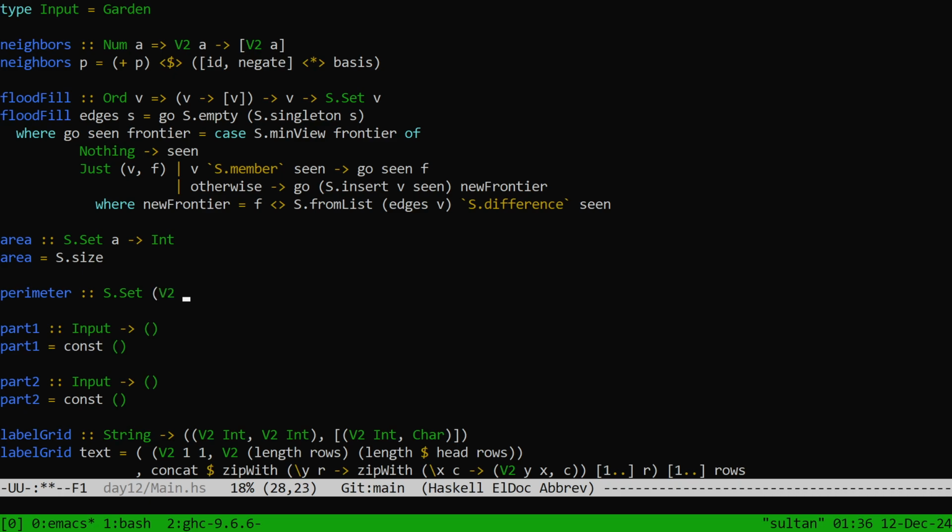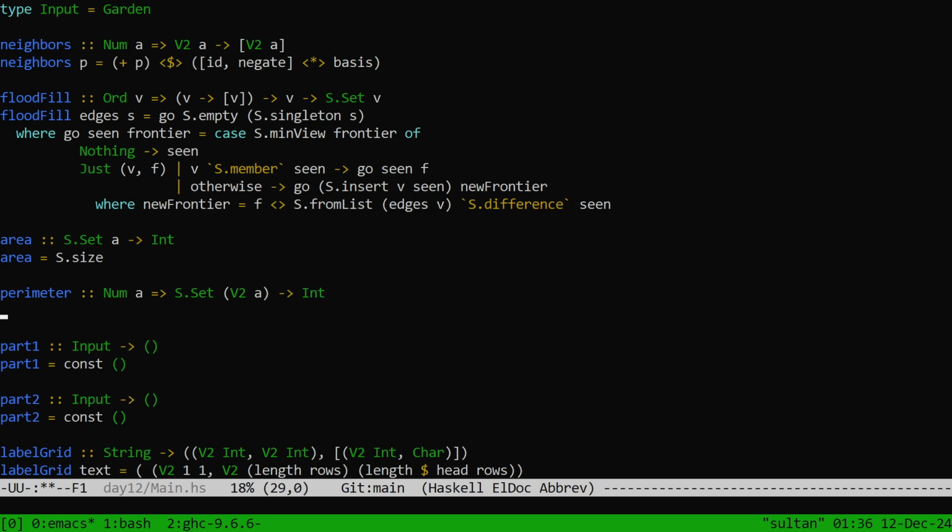A v2 of, I mean, I guess we could be more generic, take any number, produces an int. Perimeter of R is the sum of mapping? Is there some reason, something I should do that's better than this? I don't think so.